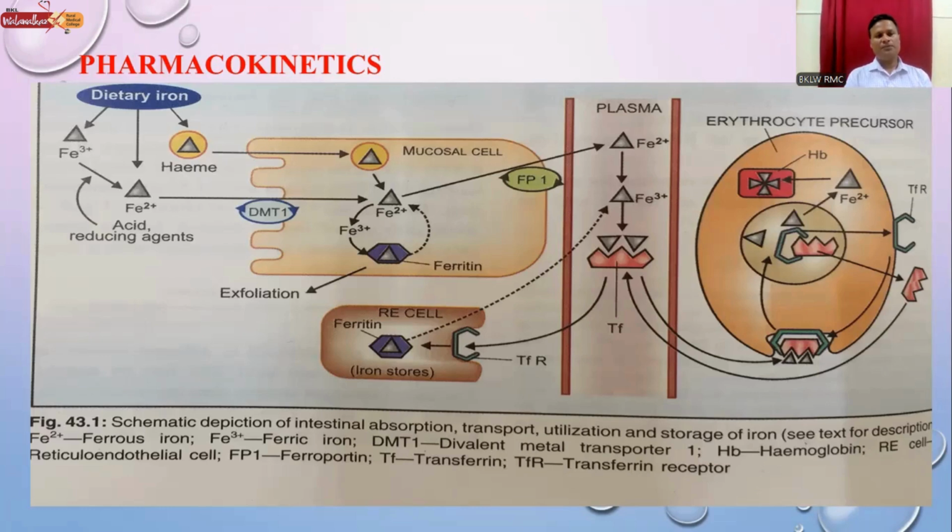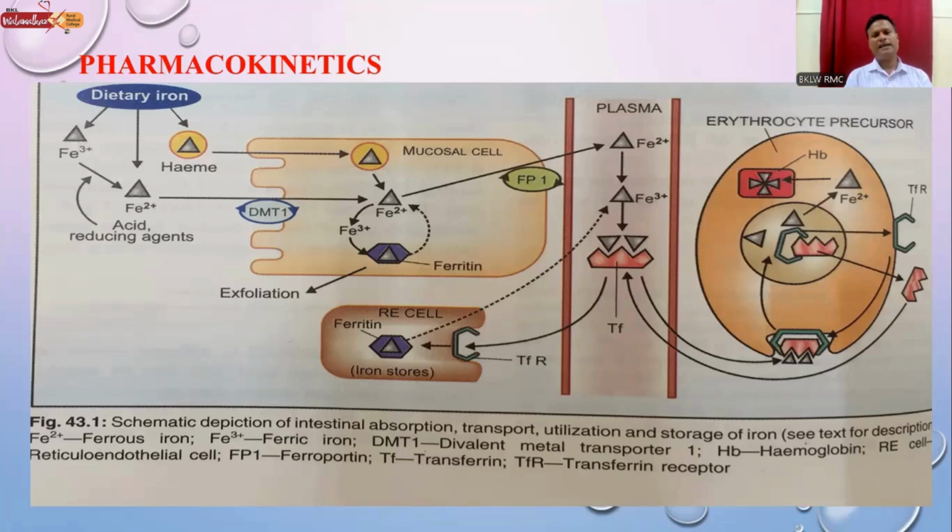And it is important to convert this ferric form into ferrous form, and gastric acidity and presence of reducing agents help in this conversion of ferric iron into ferrous form. Ferrous iron is then readily absorbed by transporter DMT1, that is divalent metal transporter 1, present on the luminal surface of mucosal cells.